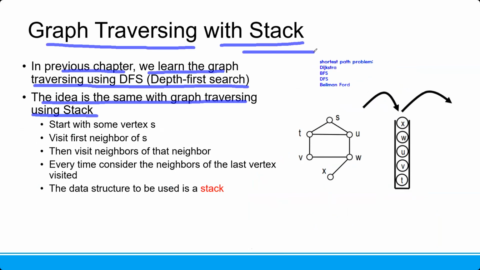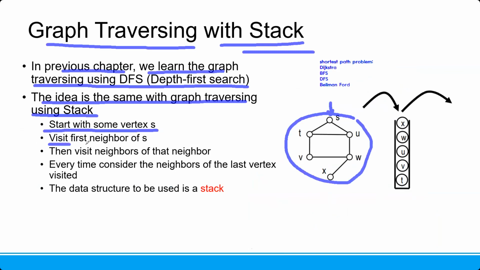How can we use a stack for the problem? So let's assume that the starting point is S. So we have this problem.